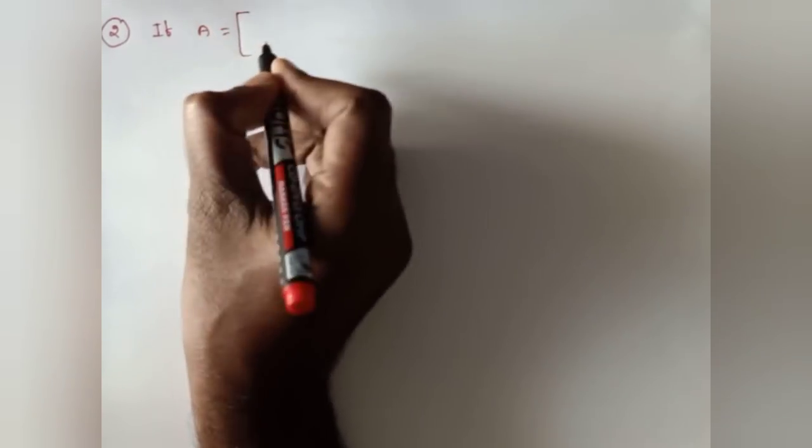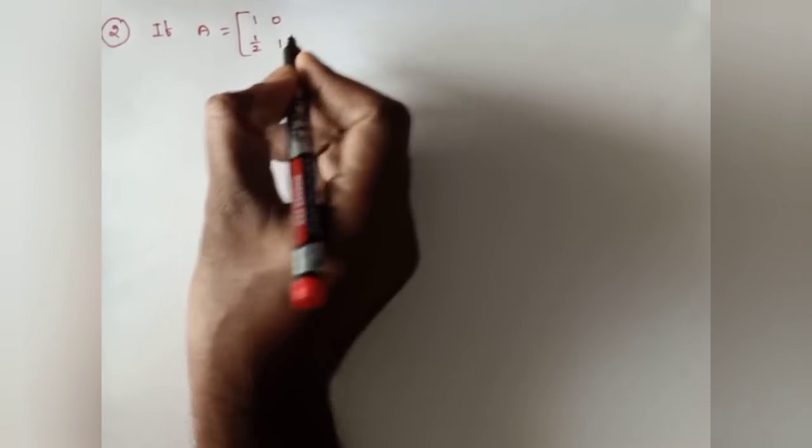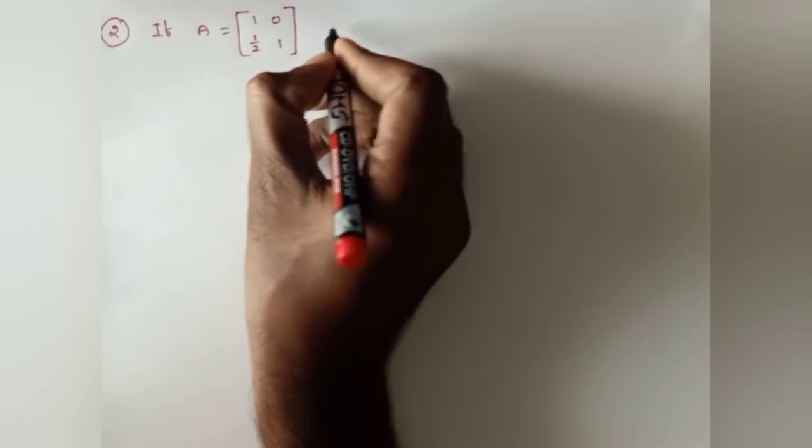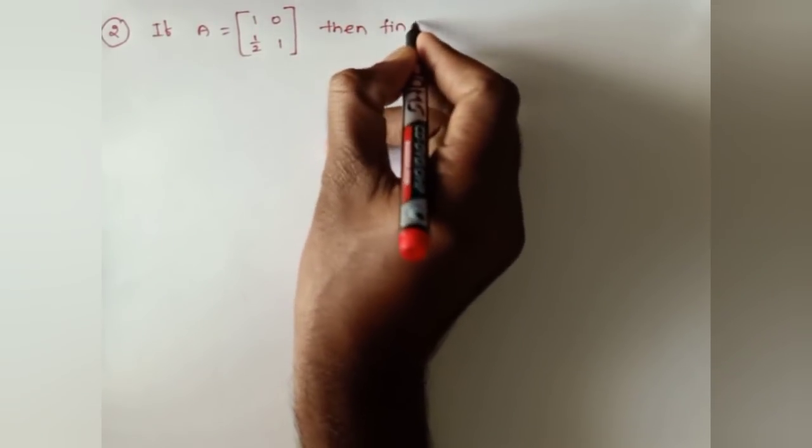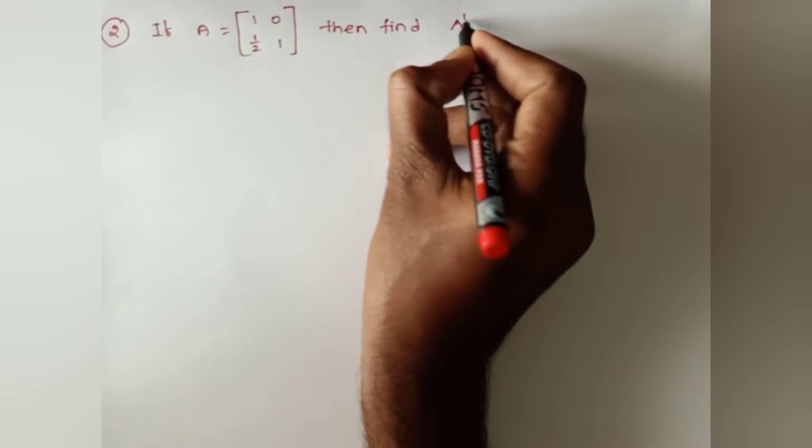Let's see the second problem. If A is [1, 0; 1/2, 1], then find A power 100.